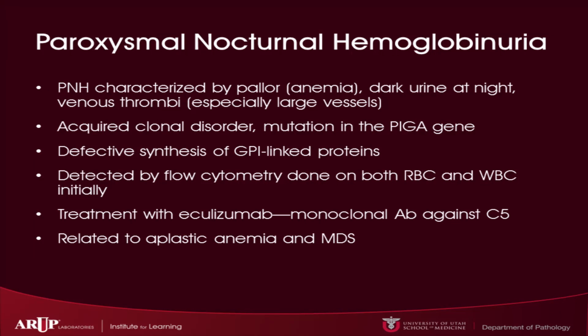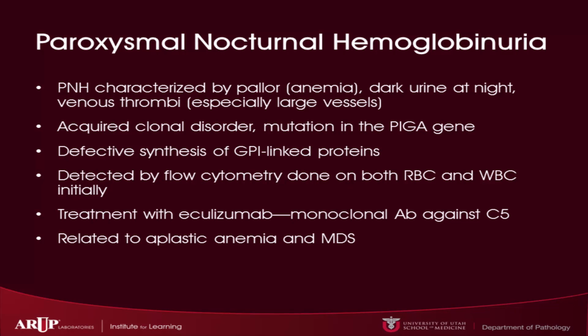The red blood cell membrane proteins are not linked properly, and they're much more prone to complement mediated lysis. The diagnostic workup of this condition is basically a flow cytometry based test which looks for the GPI linked proteins.